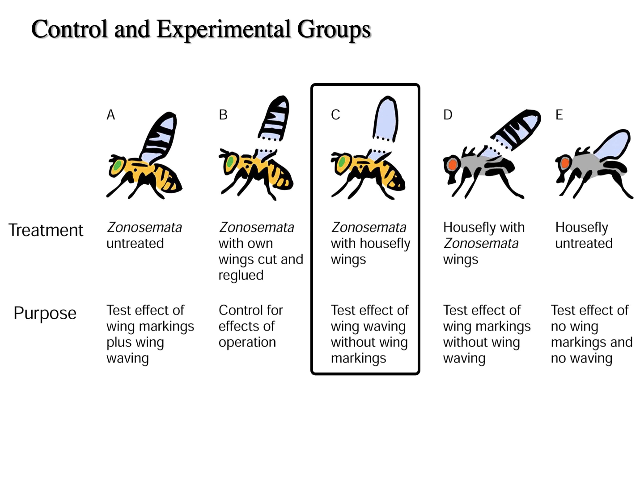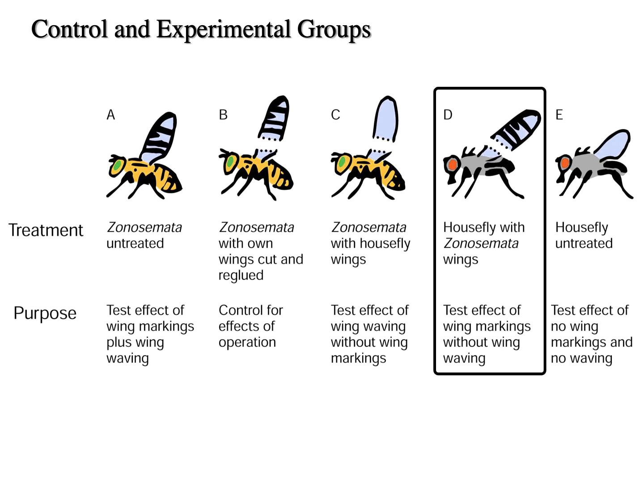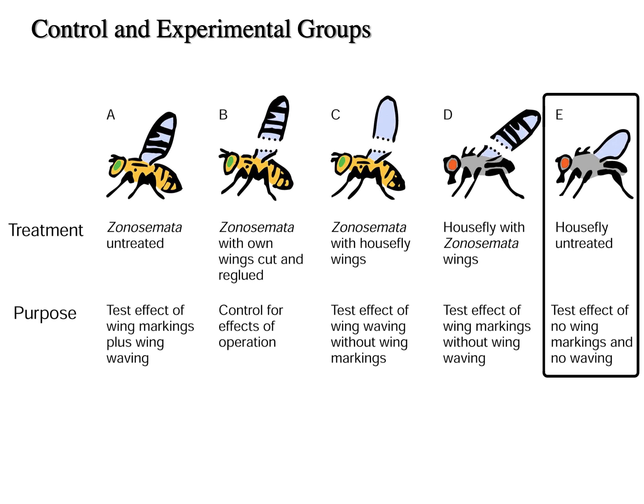And then the third one, they have the same fly, but this time it has a plain wing, not a wing that looks like a spider, and those were glued on. And then they took a housefly and put on the spider-looking wings, and finally an untreated housefly with normal wings, and then looked at how many attacks by spiders occurred.